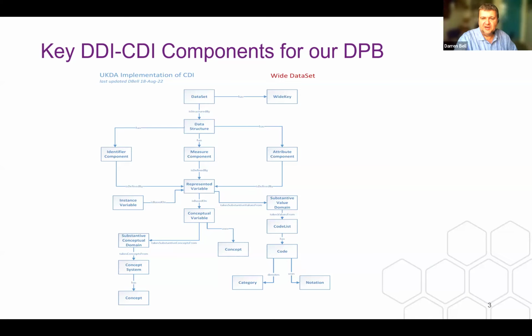Now, at the top of this diagram, without getting too bogged down in the detail, you'll see a data set. That's actually a wide data set, and it inherits from a generic class called data set. So this model would, for our purposes, be equally applicable for long, key value, and multidimensional as well.